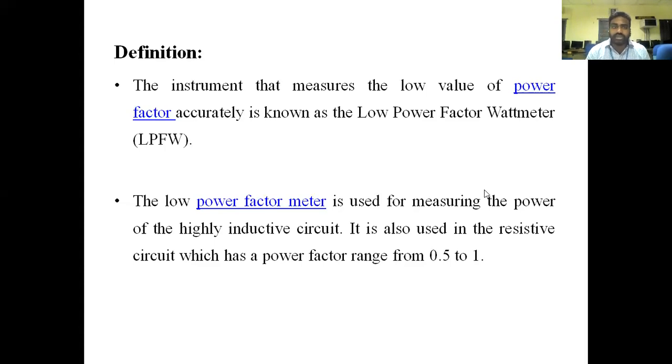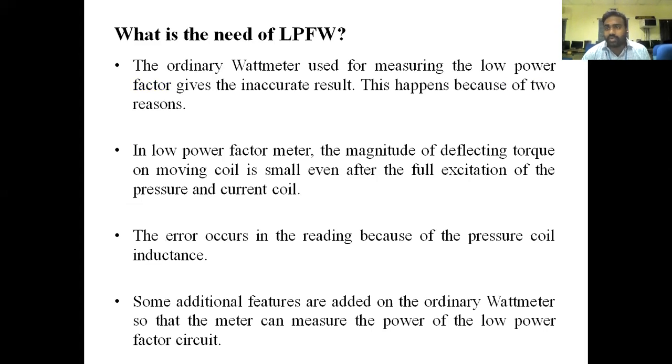What is the need of a low power factor meter? An ordinary wattmeter used to measure low power factor gives inaccurate results, that is, a certain amount of error. The main purpose of a UPF wattmeter is to measure power in high resistance circuits.